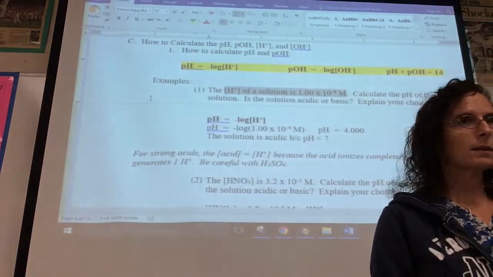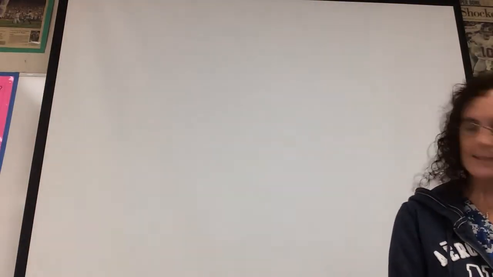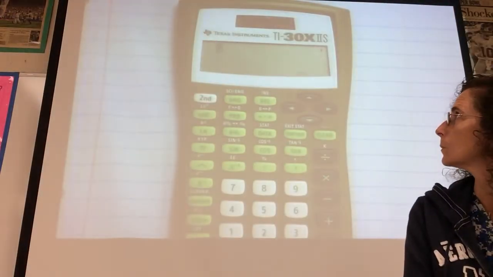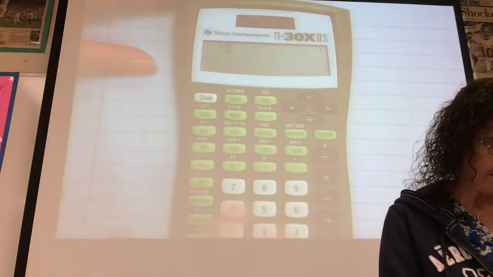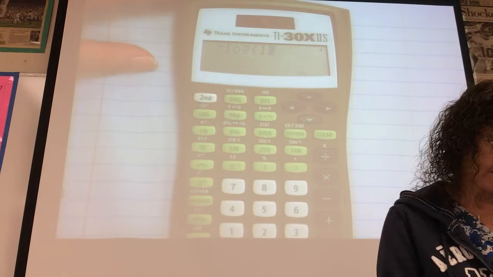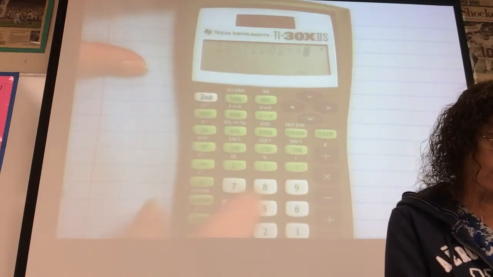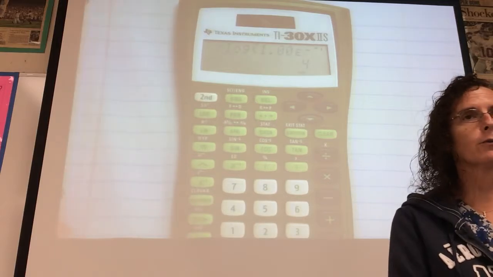If you have this calculator, you very simply plug it in as is. You've got negative log, 1.00, you don't need the 0.00, EE, negative 4, and that's going to be 4.